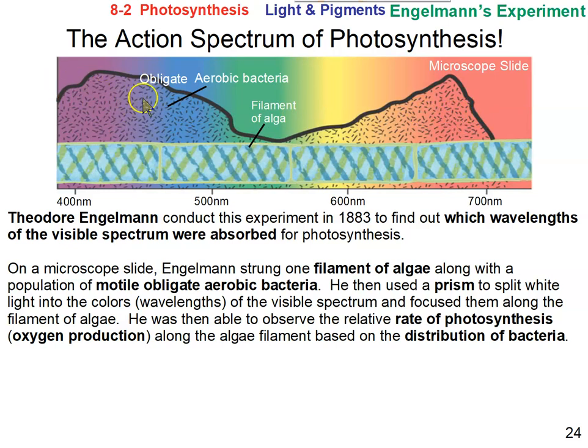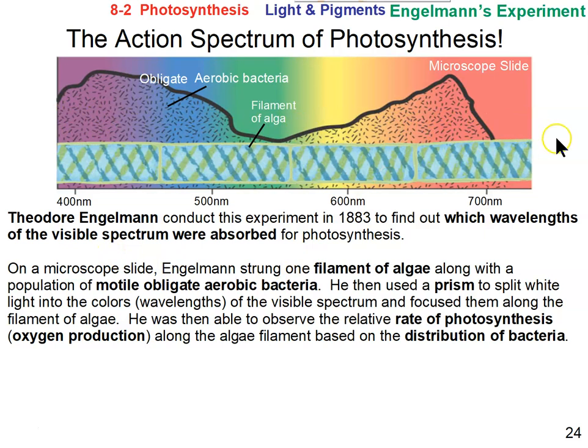And that's a crucial component of what he did here and what he was thinking and trying to figure out: which wavelengths of light were absorbed by the algae for photosynthesis.